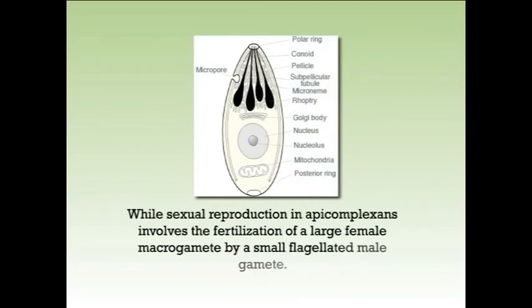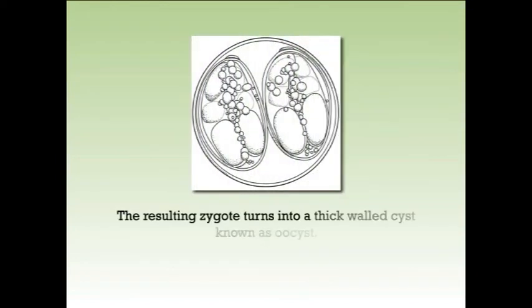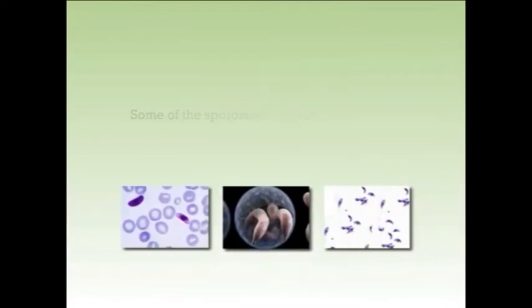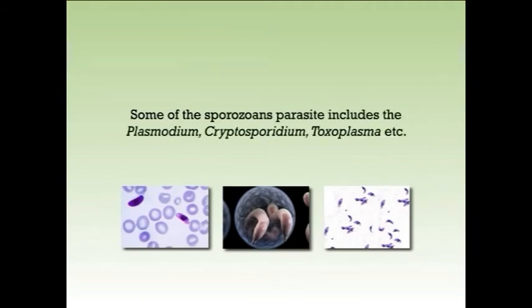While sexual reproduction in apicomplexans involves the fertilization of a large female macrogamete by a small flagellated male gamete, the resulting zygote turns into a thick-walled cyst known as an oocyst. Meiotic division occurs in the oocyst and produces infective haploid spores. Some of the sporozoan parasites include Plasmodium, Cryptosporidium, Toxoplasma, and so on.